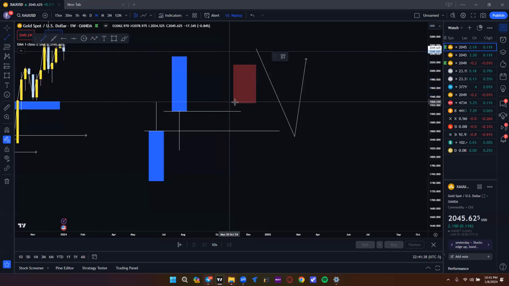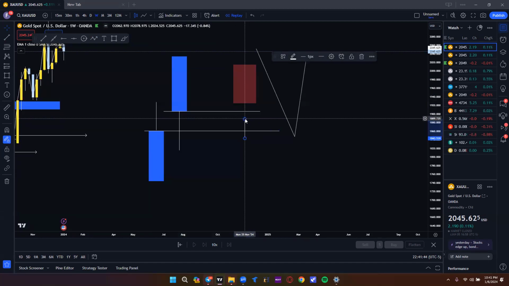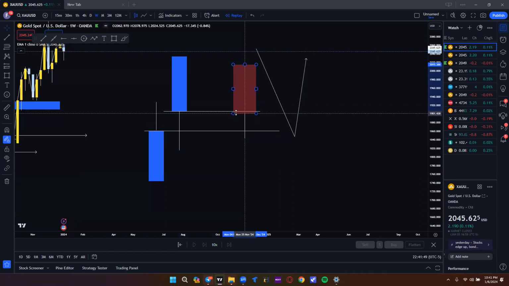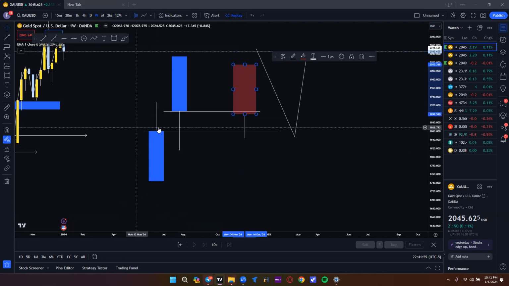We have to observe if this level is being broken or if it's being rejected. I don't want to confuse you. You will come across this, but I just have to bring it up in this session because it's part of MTF. It just needs to be brought up, because you will see this.